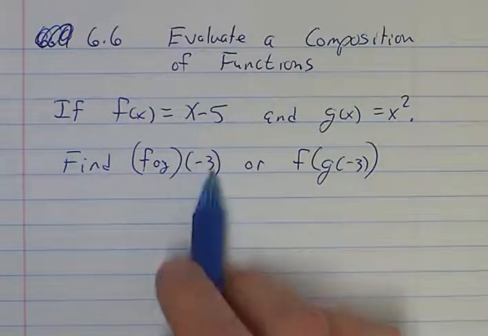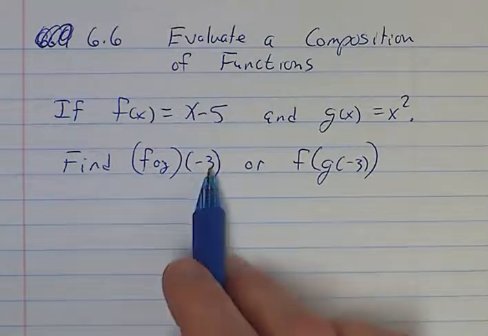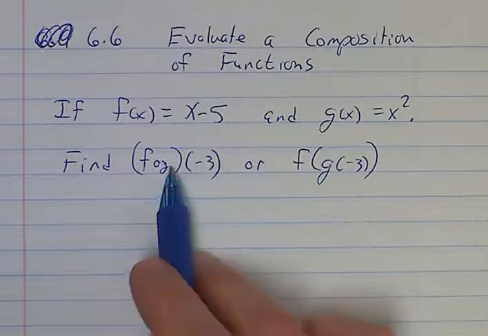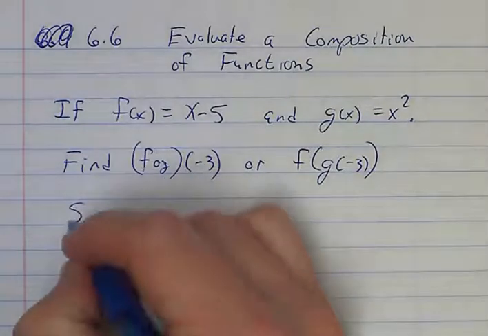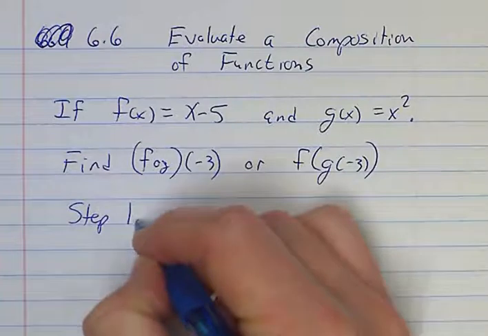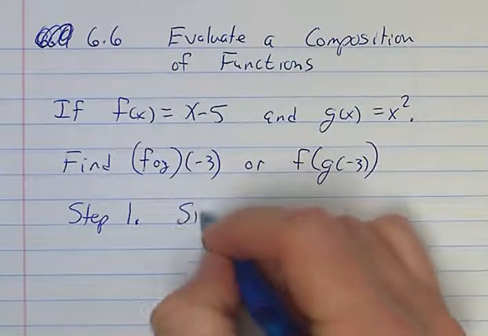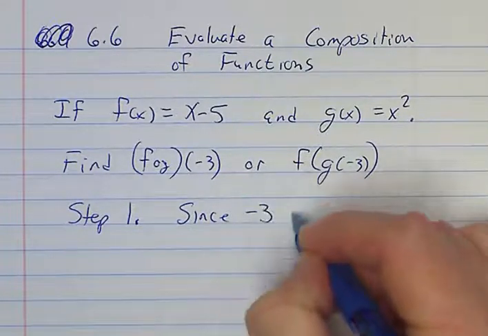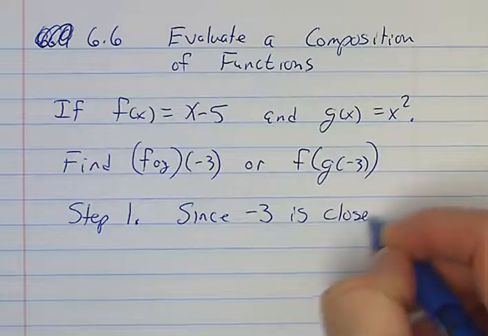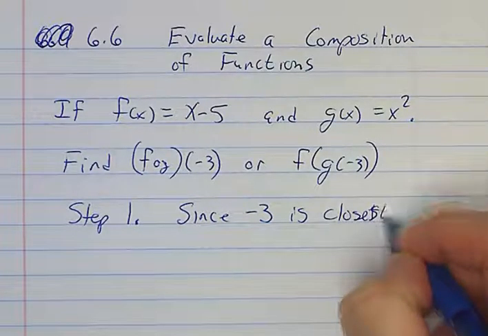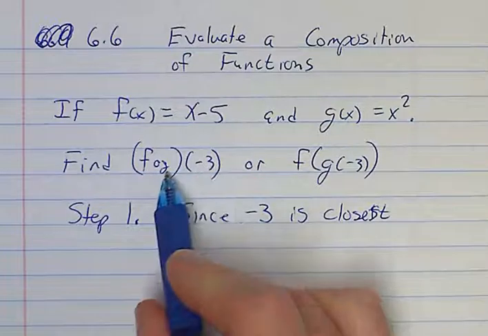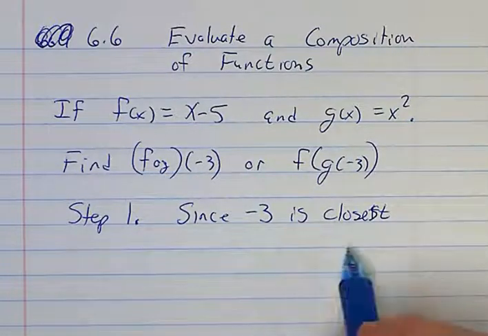Whatever this number is closest to, whether it's f or g, this -3 is closer to g, so the very first thing is you're going to plug that into whatever it's closest to. So since the -3 is closest to g, we're going to plug that into g first.